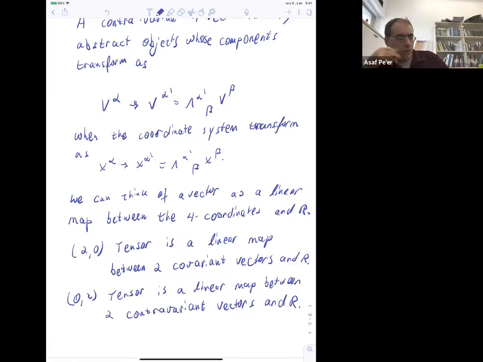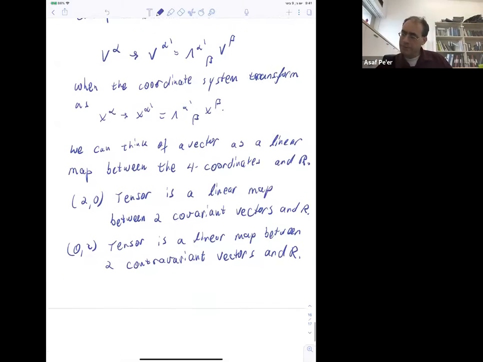Now the fact is that we have already seen a 1-0-2 tensor. I just didn't call it like that. That was, of course, the metric tensor, right? So for example, the metric tensor G mu nu, I treat it as a linear map between two vectors and R. What is this linear mapping?